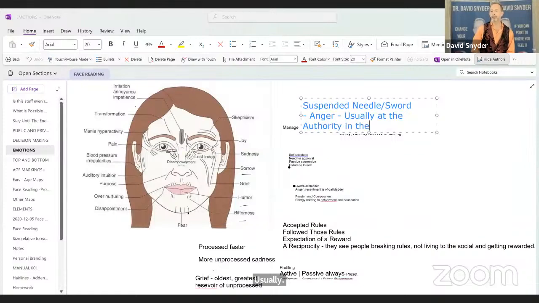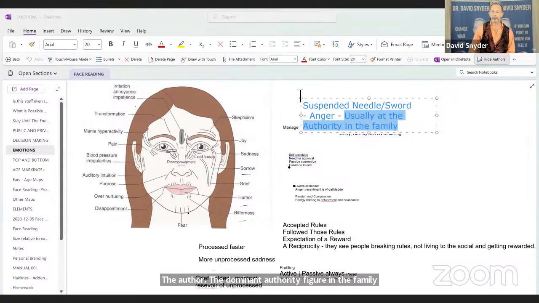in the family. Back in traditional times, the dominant authority figure in the family was usually the father. And so a lot of people who were trained with Lillian would say that this person has father issues.